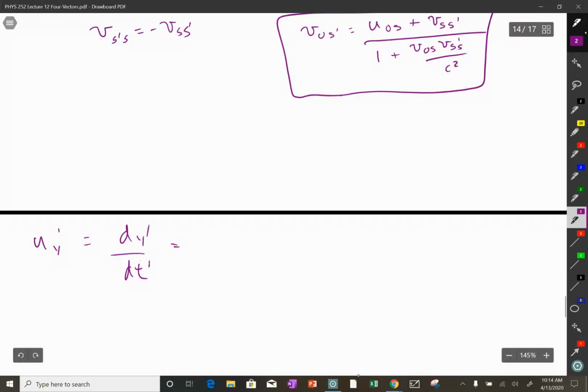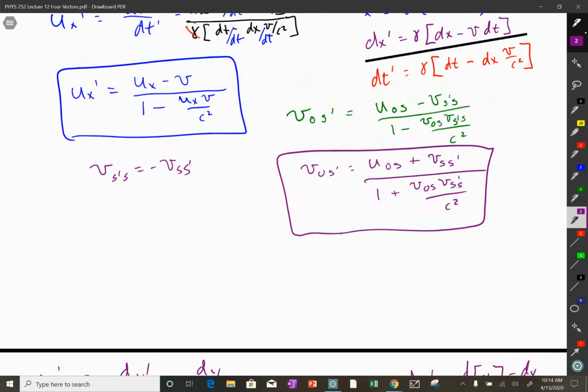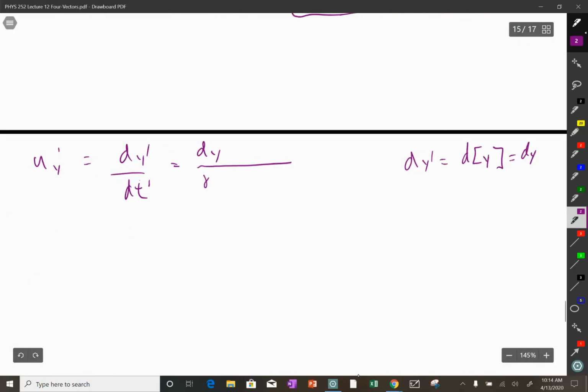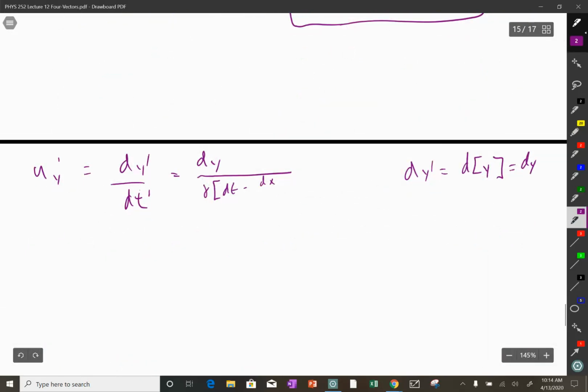So this is going to be dy. Right, that was simple. And of course, the dt stays exactly the same as it did before. So just looking at what we had before, dt prime is gamma times dt minus dx v over c squared.